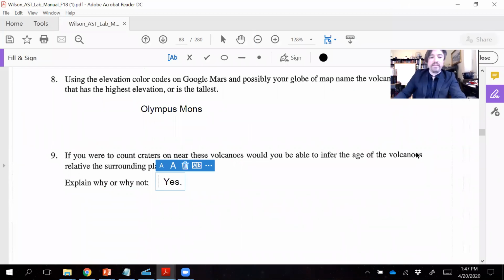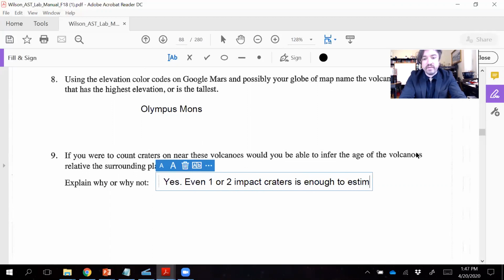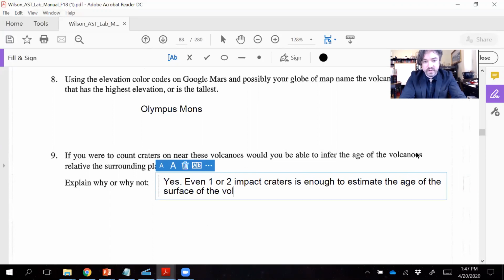And for our short description, we would say even 1 or 2 craters is enough to estimate the age of the volcano surface. Something like that, just a short, quick answer.